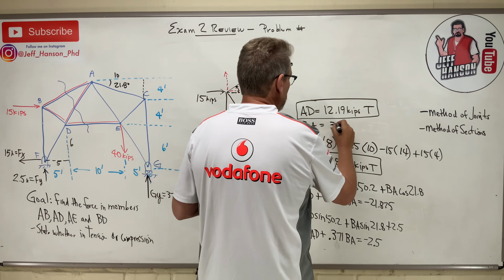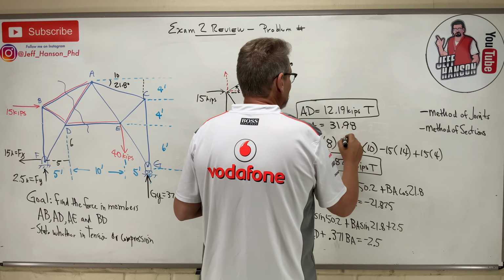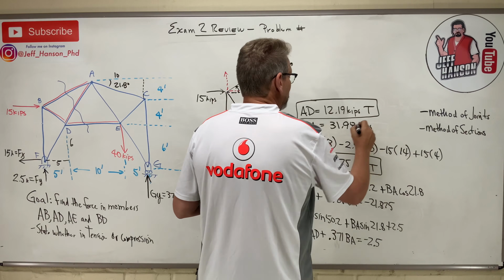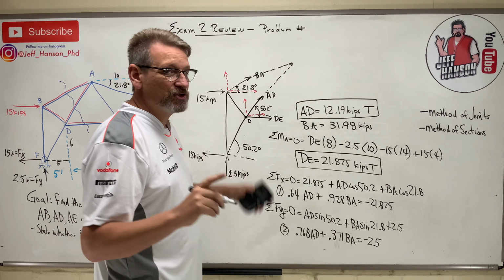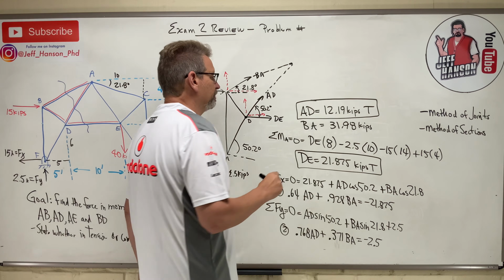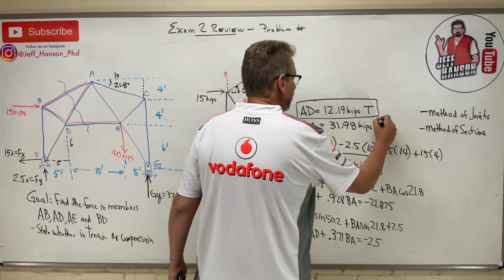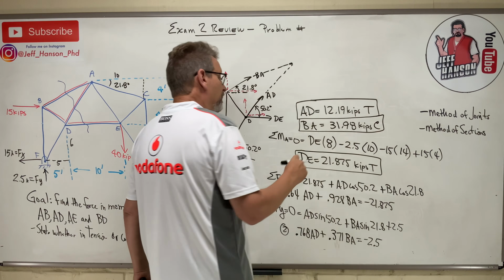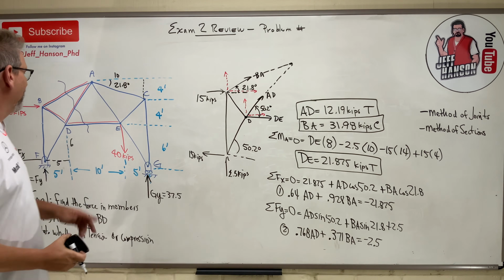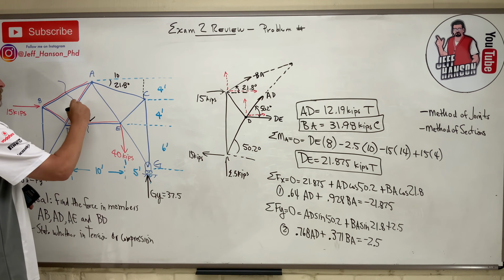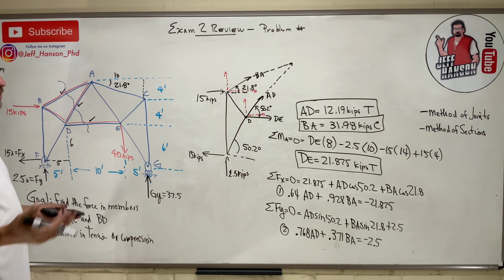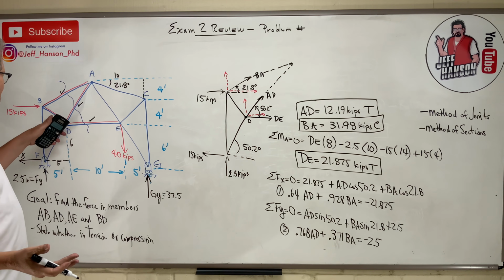So I'm going to put 31.98 kips. But I got a negative, I drew him in tension, so he's really in compression. So there's 3 out of the 4 that I got. I got you, and you, and you. So how do I get that last one, which is this guy right here?